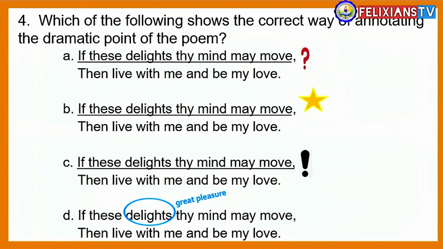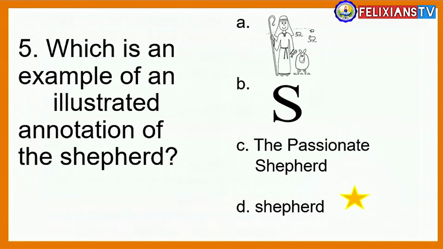The correct answer is letter C. Use exclamation point. Number 5. Which is an example of an illustrated annotation of the shepherd? Is it A, B, C, or D? The correct answer is letter A. You got it right. Congratulations!